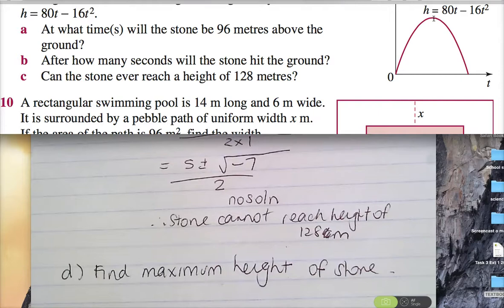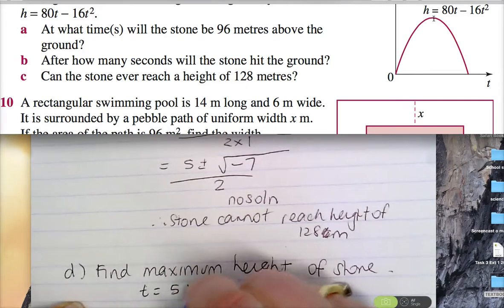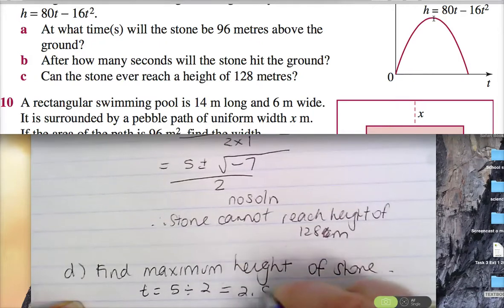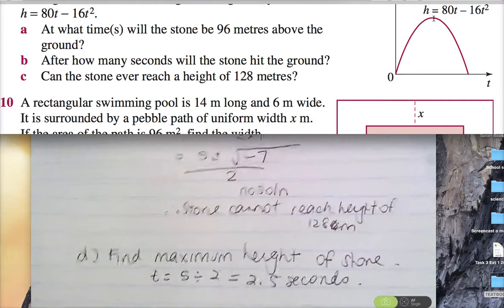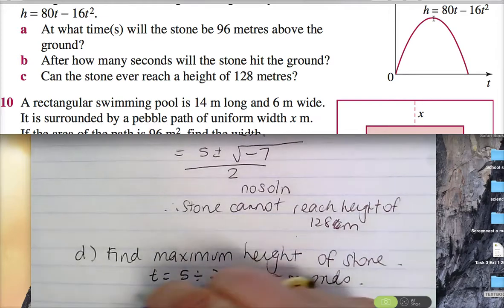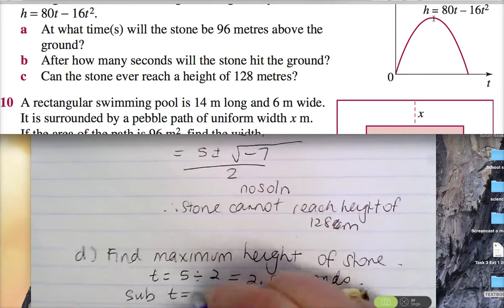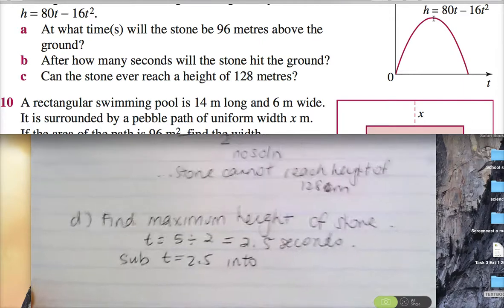It's got to be less, because the stone can never reach 128. So find the maximum height of the stone. You'll go t equals 5 divided by 2, which is 2.5 seconds. So it reaches that maximum height at 2.5 seconds because the graph is symmetrical. So we're going to substitute time equals 2.5 into your equation.